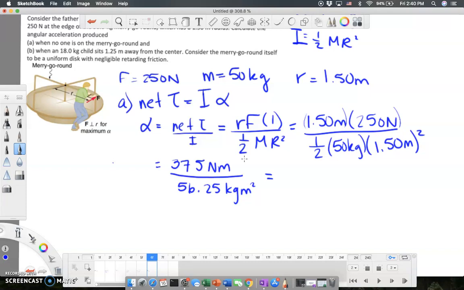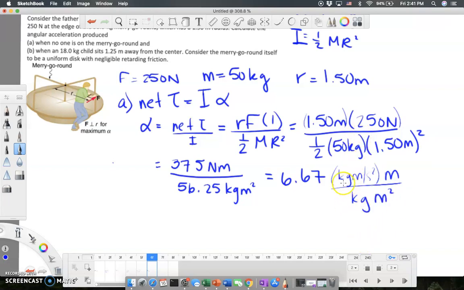So now we can take our 375 divided by the value on the bottom, and we get 6.67. And for our units, remember that newtons is kilogram meters per second squared. That's our newton times our meter divided by kilogram meters squared.